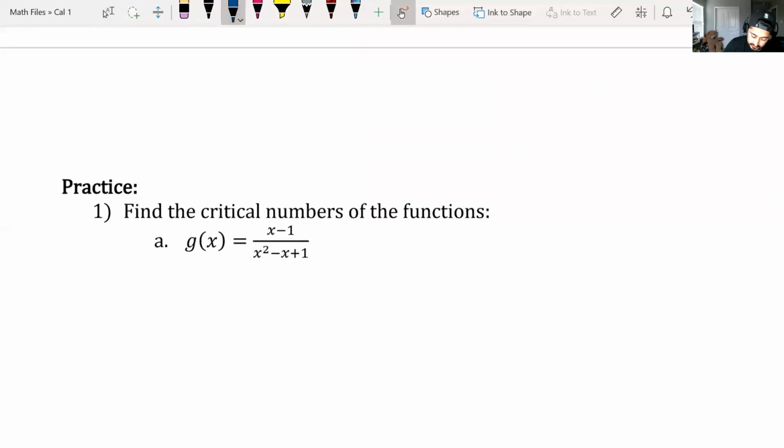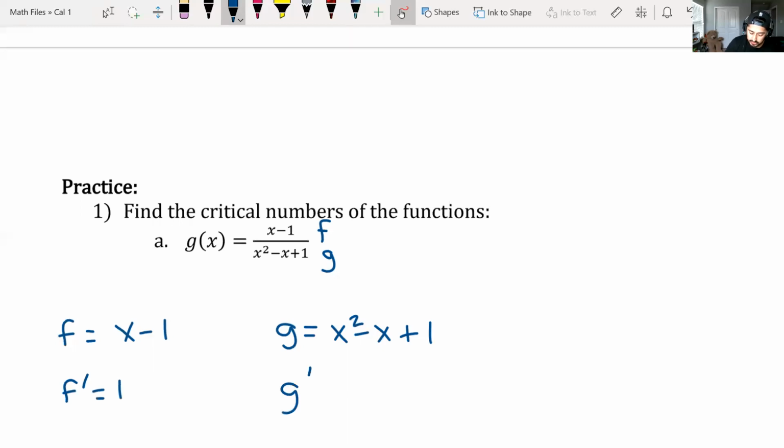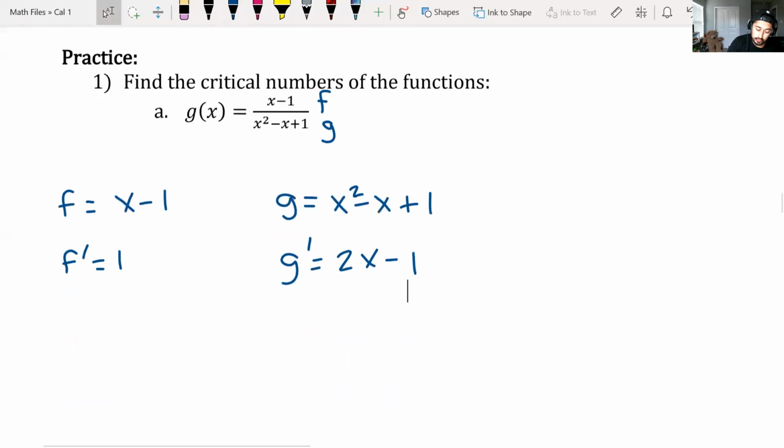So this is going to be quotient rule. The numerator's f, the denominator's g. F is x minus 1. G is x squared minus x plus 1. F prime is 1. G prime is 2x minus 1. Follow your quotient rule.